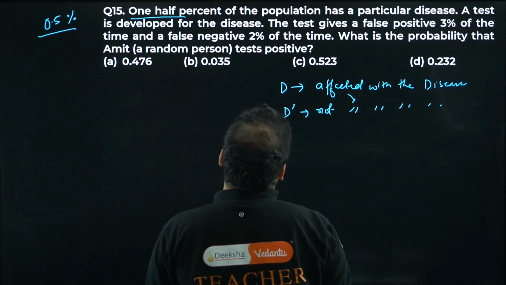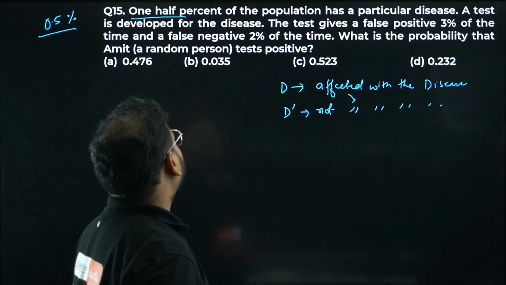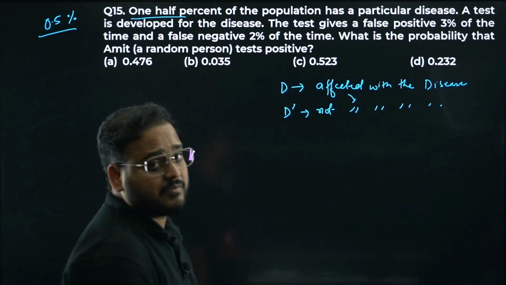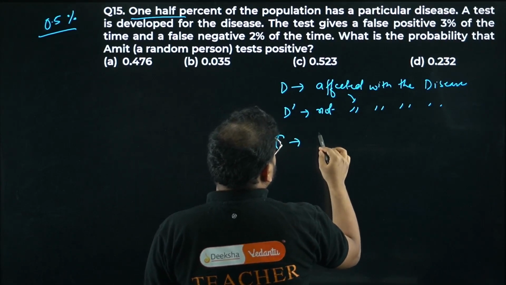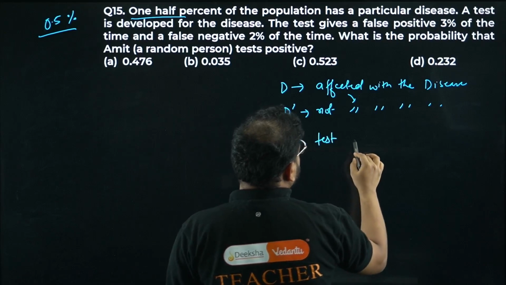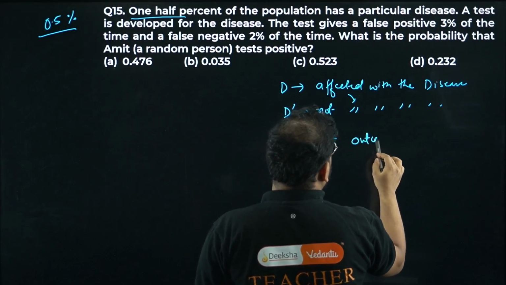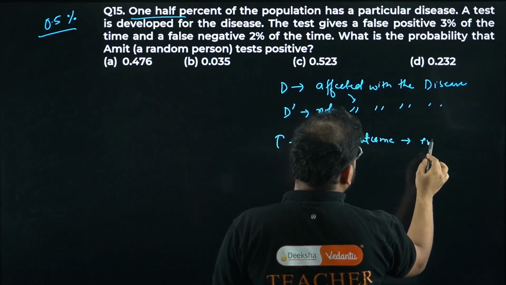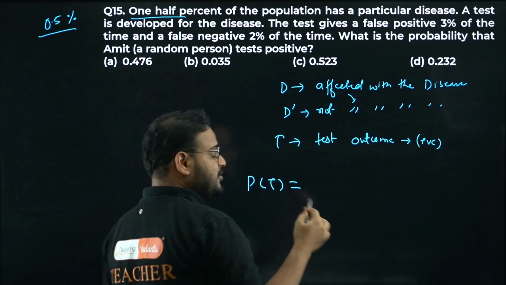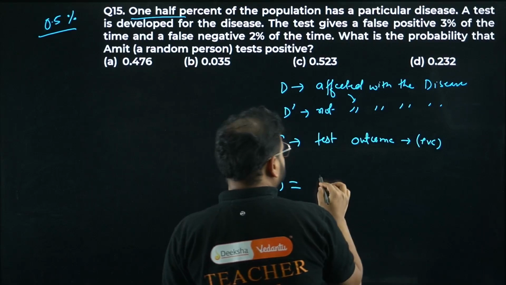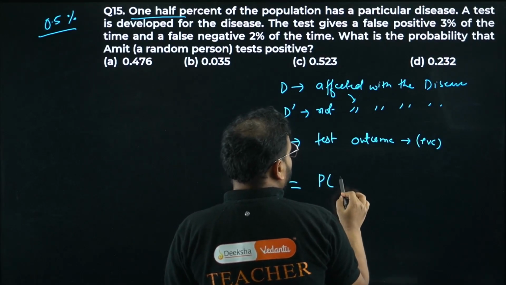If I have to write what I'm looking for, that a person Amit is testing positive, let's call this event T, the test outcome being positive. I can test positive whether I have the disease or don't have it.